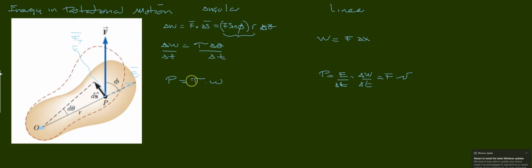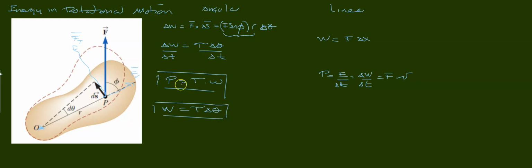So you see here we have torque, which is the angular equivalent of force, and angular velocity, which is the angular equivalent of linear velocity. There you go. So we have two equations, right? The angular equivalent of work and power. So all you have to do is multiply whatever torque you have times the angular displacement or the angular velocity.